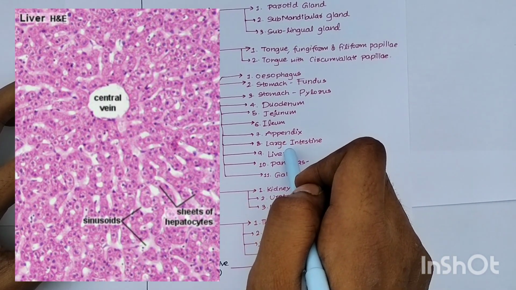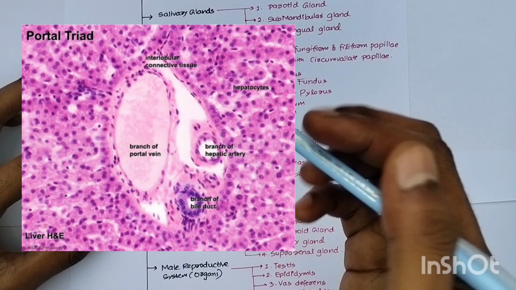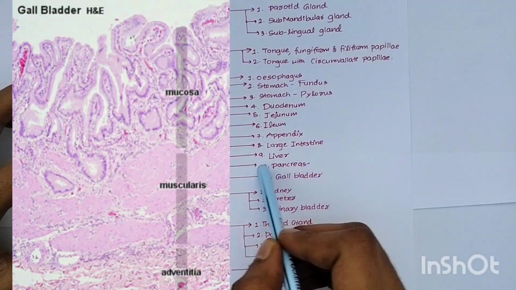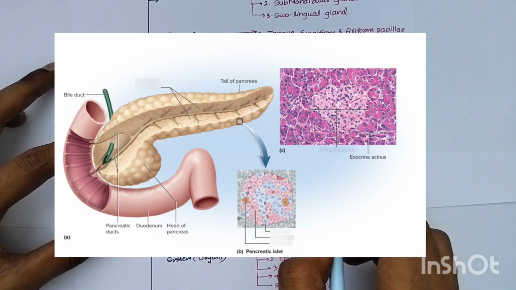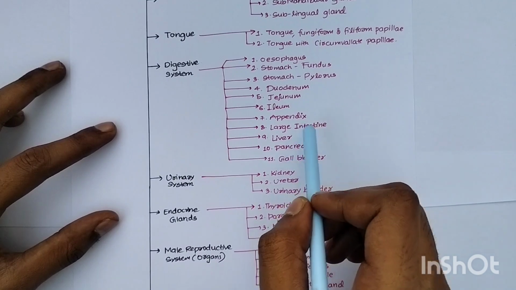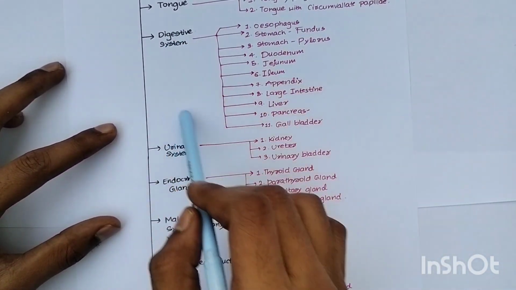You should know the cells, the hepatocytes, how bile is transported, how it is stored in the gallbladder, and the pancreas, how insulin is released, how pancreatic enzymes are released, and what cells are there in these organs. By microscopic anatomy you'll get to know everything.